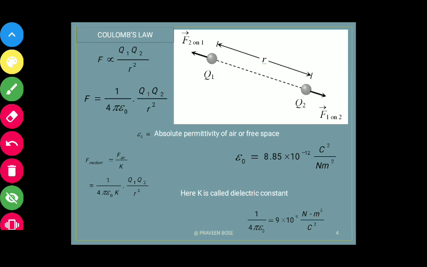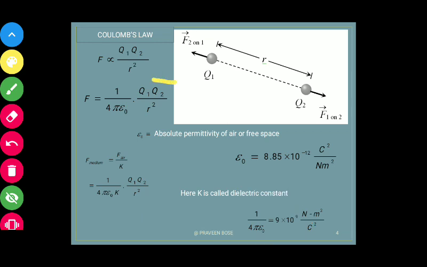Here the proportionality constant is 1 by 4 pi epsilon 0. Here epsilon 0 is the permittivity of free space and its value is 8.85 into 10 raised to minus 12. And the total value of 1 by 4 pi epsilon 0 can be obtained as 9 into 10 raised to 9.